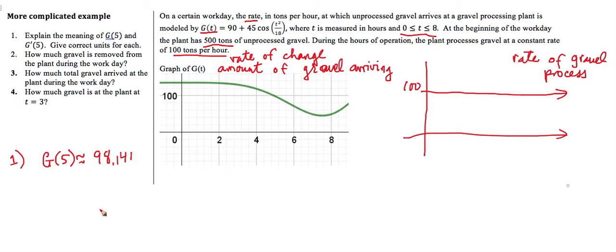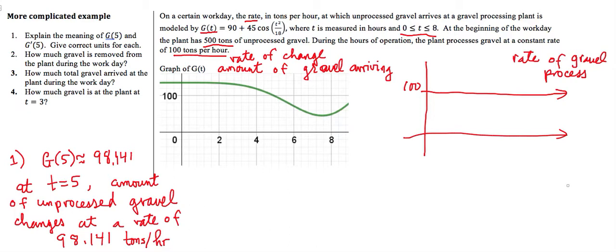So this means that at t equals 5, the amount of unprocessed gravel changes at a rate of 98.141 tons per hour.